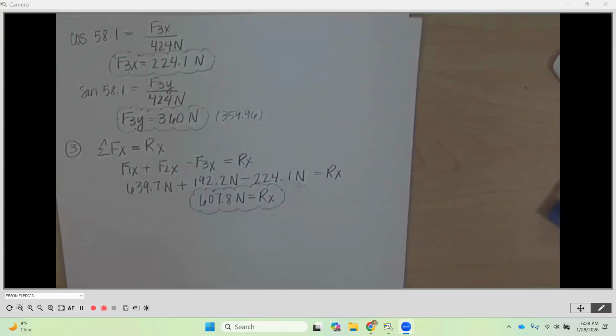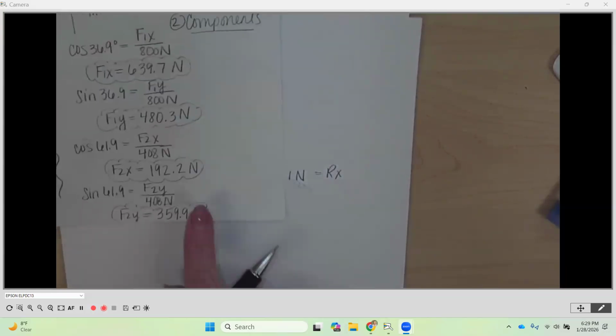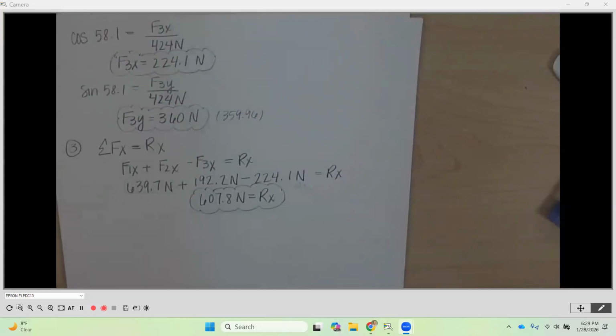So your resultant X component is 607.8. I'm sorry, Josiah, you said F2X was 192.2? That's what I got. I can double check. Did anybody else get a different value?